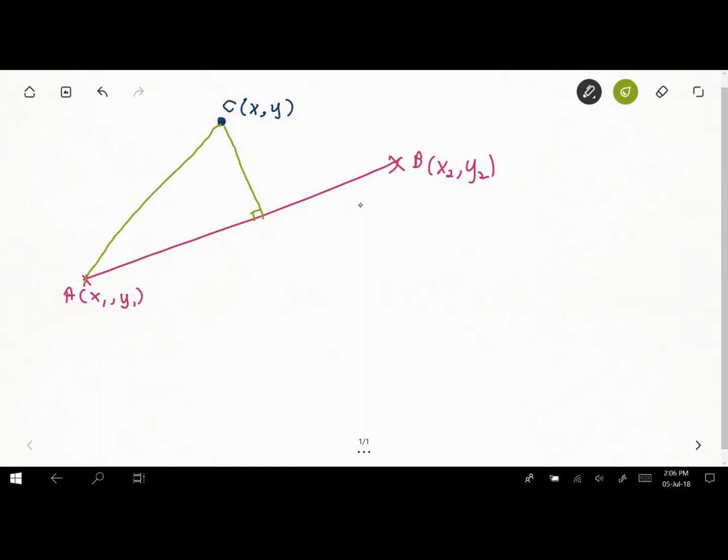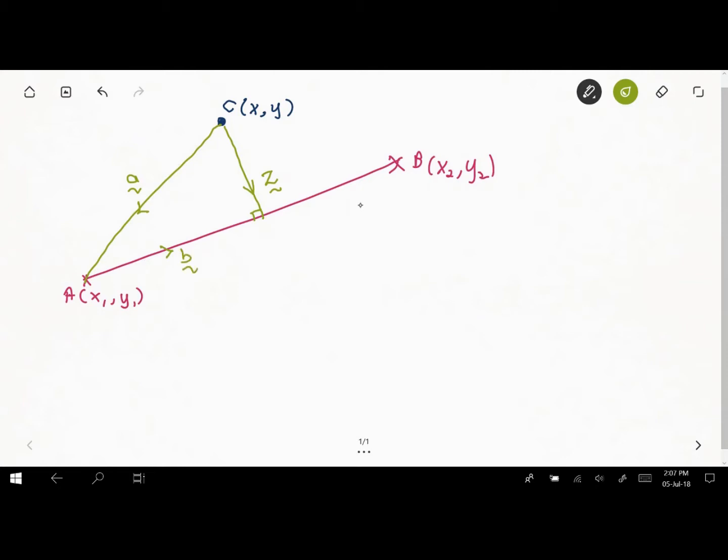This perpendicular line we are going to call the Z vector, the line from C we'll call the A vector, and the line on the other side we'll call B.